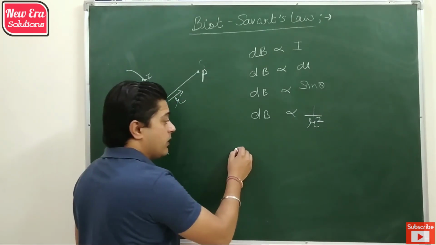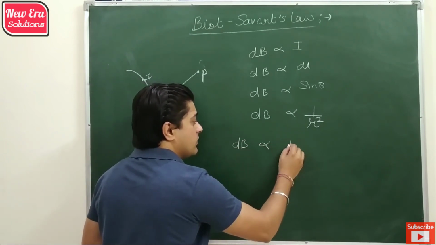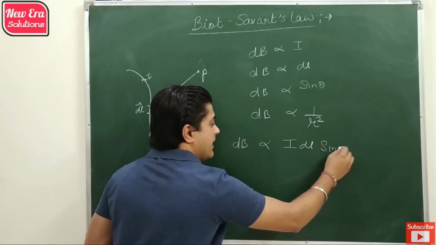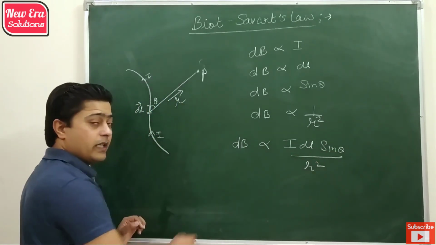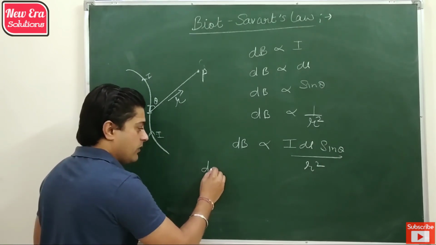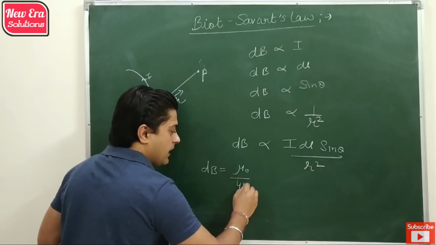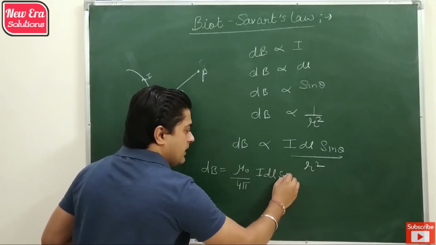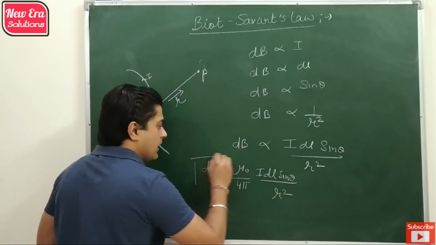So by combining all these, we get the small magnetic field dB directly proportional to I dl sin theta upon r square. By replacing that proportionality sign, we introduce a constant, that is mu naught by 4 pi, so dB equals mu naught by 4 pi I dl sin theta by r square.